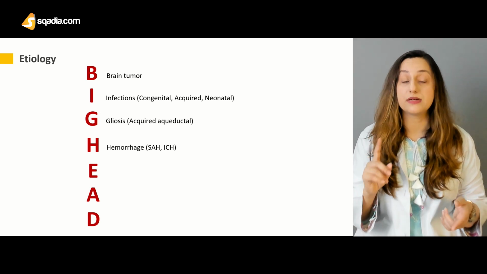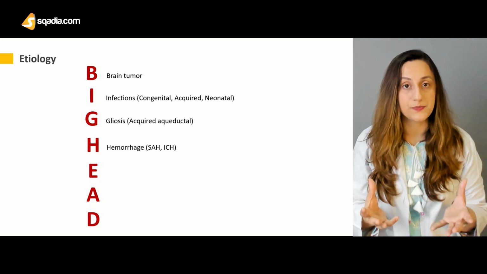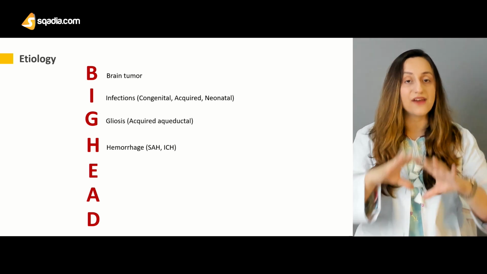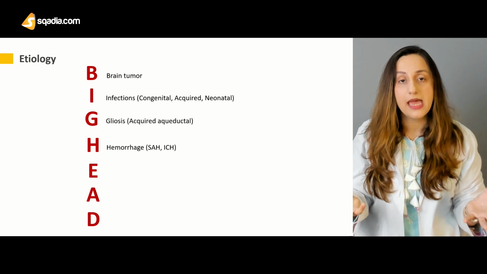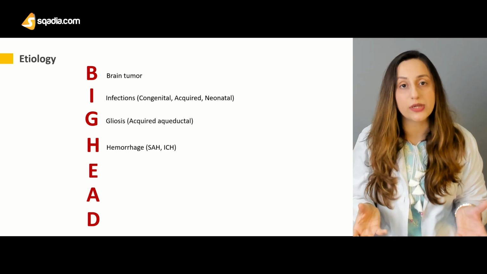It can be a subarachnoid hemorrhage occurring at the subarachnoid space. You must be remembering that we have these three protective layers, namely the dura mater, the pia mater, and then the arachnoid mater.